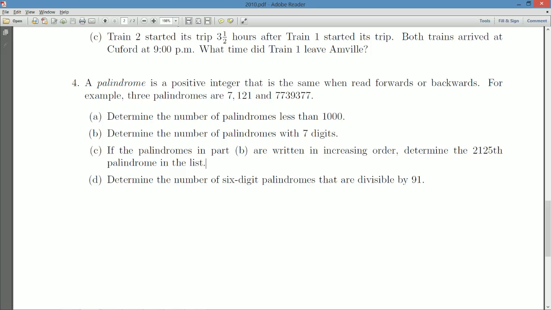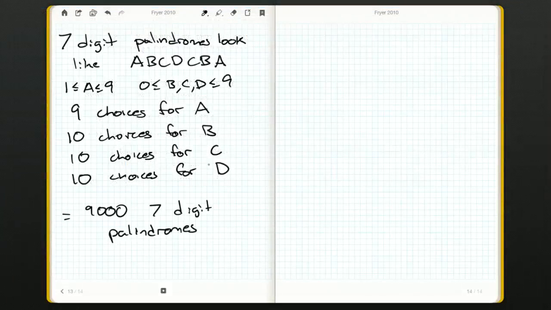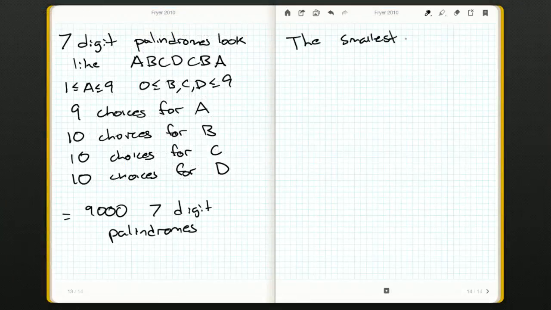So what can A start off with? What can we start the list off with? So we got 1, B, C, D, C, B, 1.